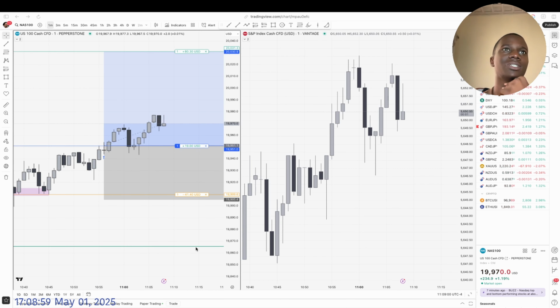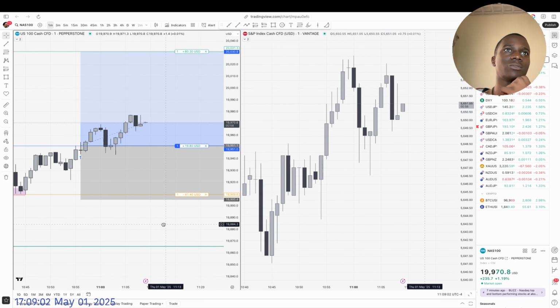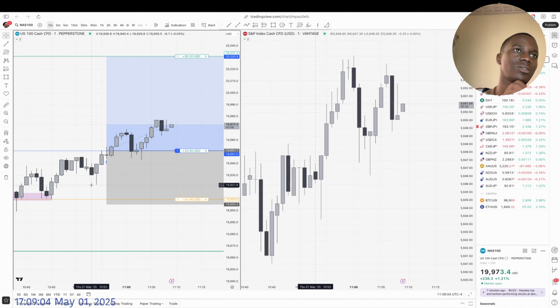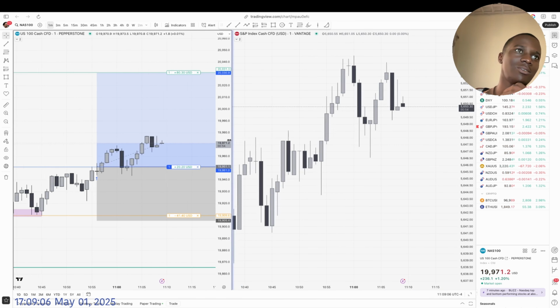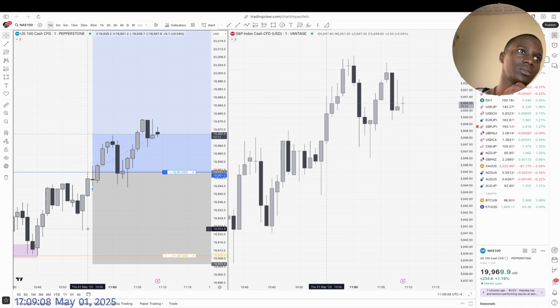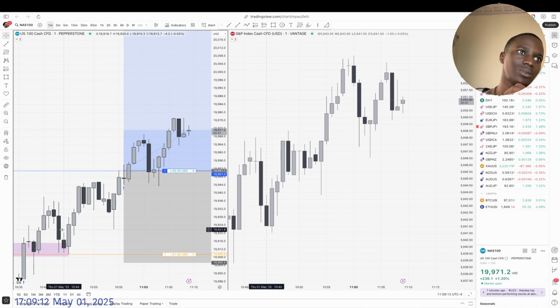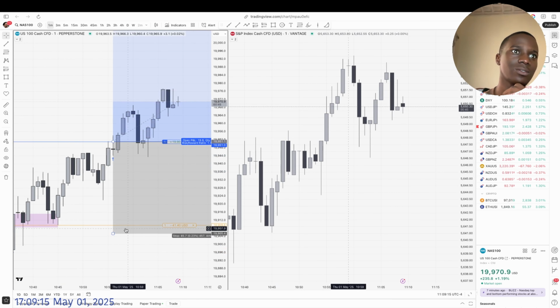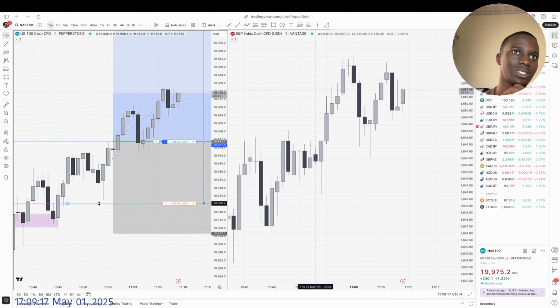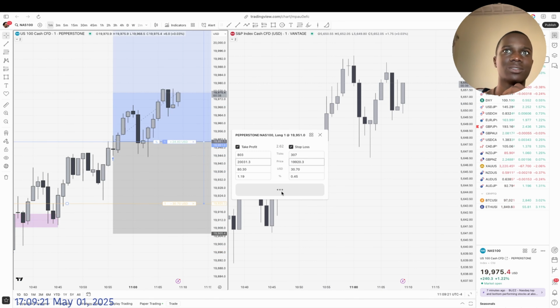So far we can also trail our stop loss to this low right here, because the fair value gap that market reacted to was right in here, and we entered right on this inversion. So our stop loss can be moved to somewhere in here, like here, to like $30.